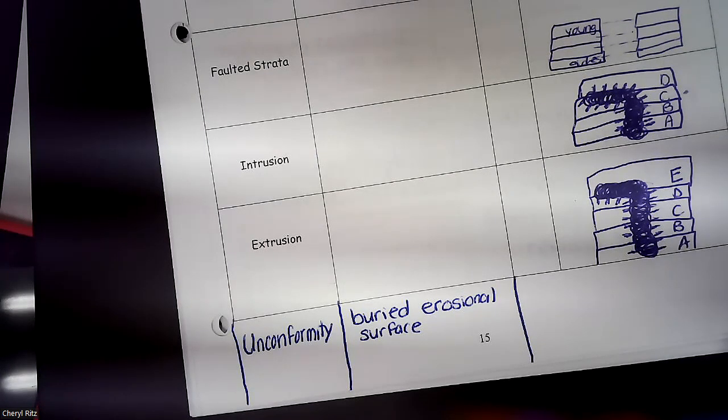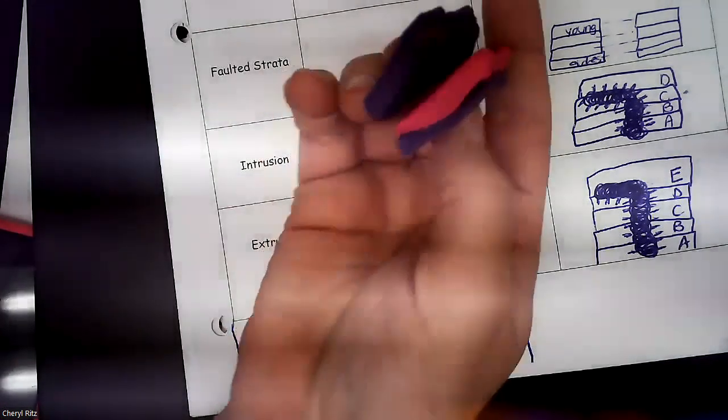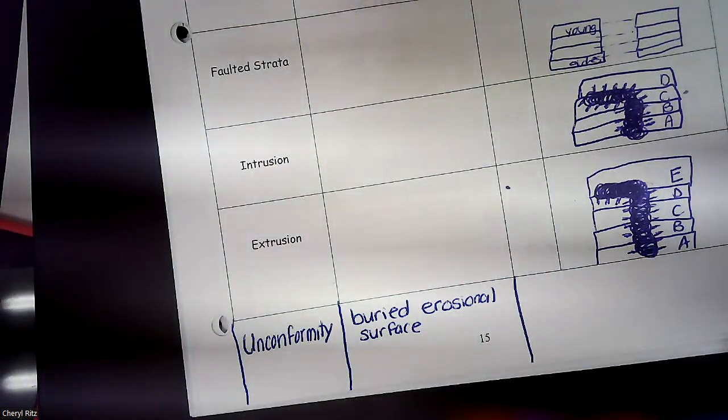So we talked about this a couple times this week, plus a long time ago. How do the rock layers form in the first place? The layers that I've been stacking up like this, what are the steps in them being made? All right.